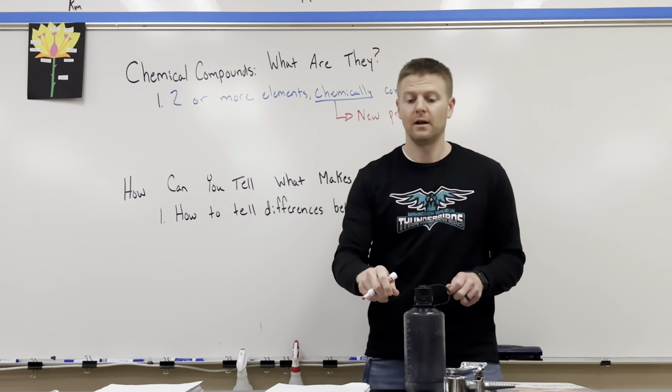So those are just a few real quick and easy ways to tell the differences between the elements that make up your compounds. So anytime you see an uppercase and a lowercase, boom, you know this right here, one element. This right there, another element. This right here, one element, two elements, two elements, okay?